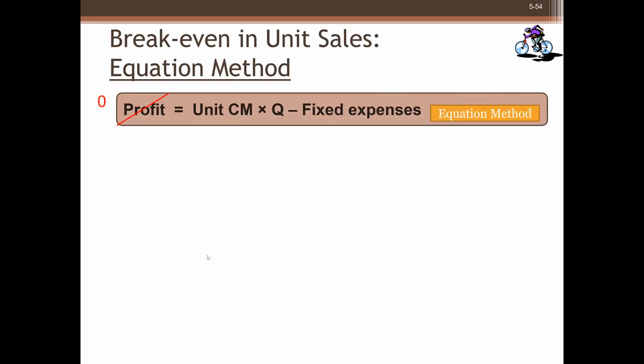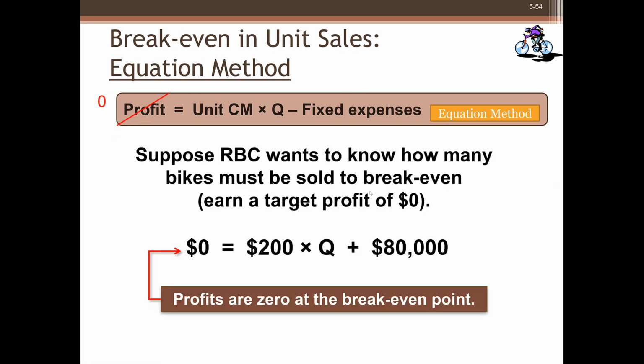Let's take a look at it here. For the equation method, for the RBC company, suppose RBC wants to know how many bikes should be sold to break even. We set profit as 0, unit contribution margin $200, fixed expenses 80,000, and we should solve Q. Q is 400 bikes.